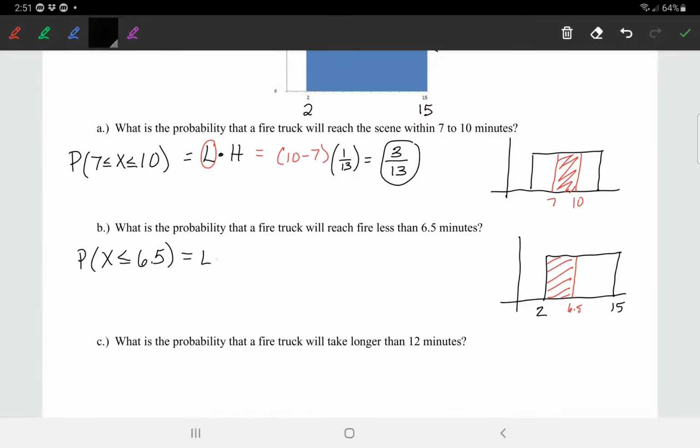Again, just length times height, where the length of this rectangle in between here and here is equal to 6.5 minus 2, times the height, which is 1 over 13. And this is 4.5 divided by 13, and that's approximately equal to 0.3462.